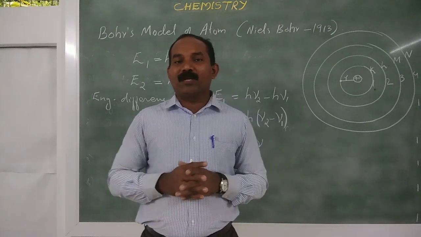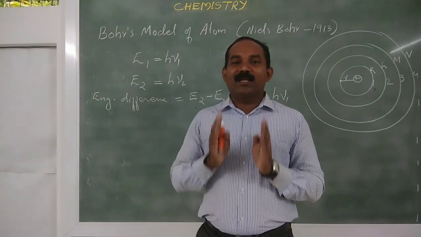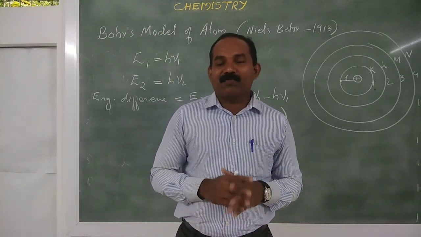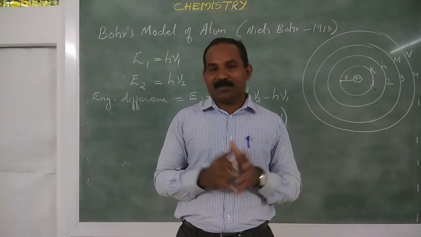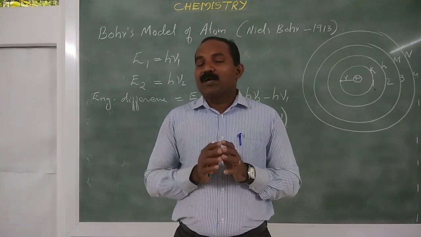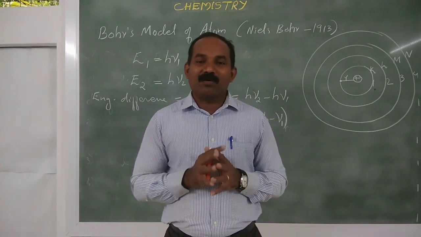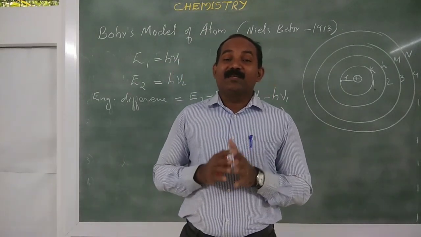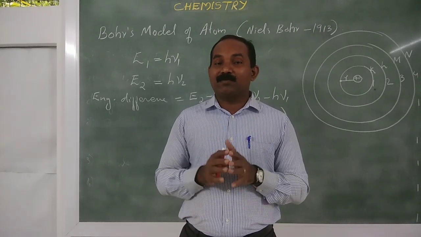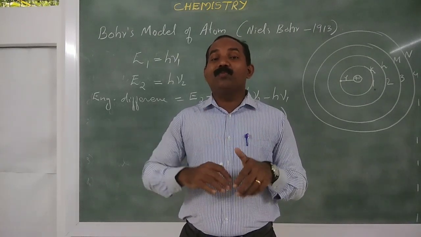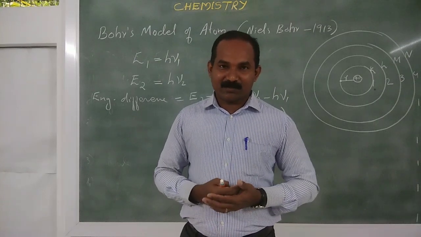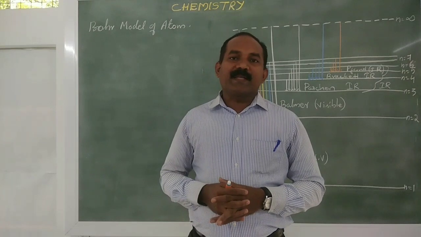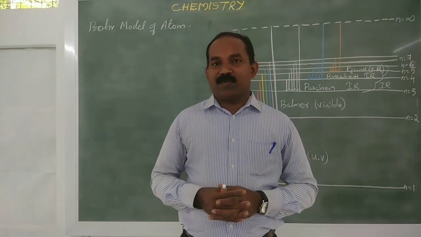So the energy of an electron in an atom is quantized. By using Max Planck's quantum theory, Niels Bohr successfully explained the structure of the hydrogen atom, or he proposed a new model for the hydrogen atom. Next we discuss the merits of Niels Bohr's atomic model.